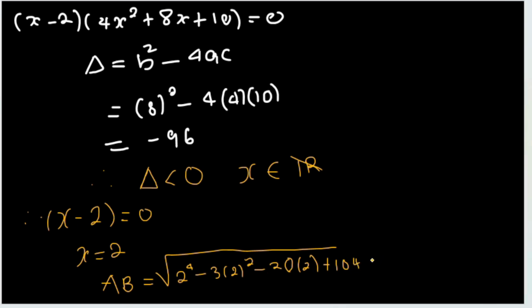Okay. And plugging this one to my calculator, I say 2 to the power of 4 minus 3 times 2 to the power of 2 minus 20 times 2 plus 104. It gives me 2 multiplied by the radical sign of 17, which is a short form.